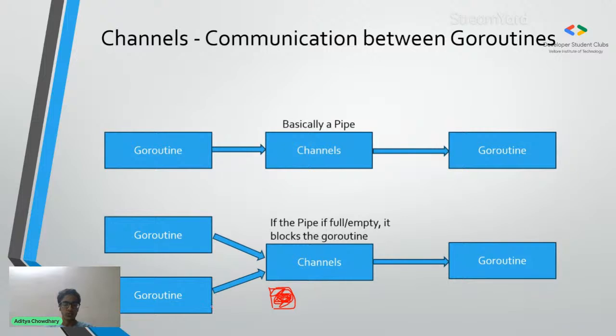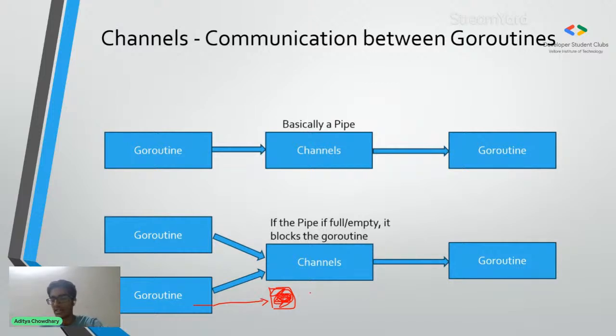Now, this goroutine also wants to give information here, but it can't because there is no space for this goroutine to give information. So what's going to happen is that the goroutine flow is going to pause over here, right? Anything below that is going to have to wait until this command is carried out, until it can give information into the channel. And this is for unbuffered channels.